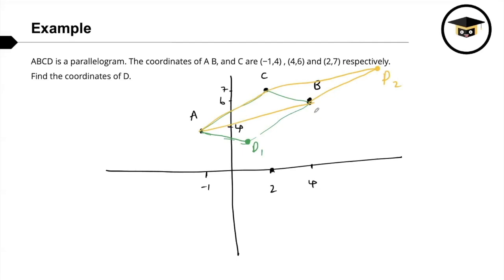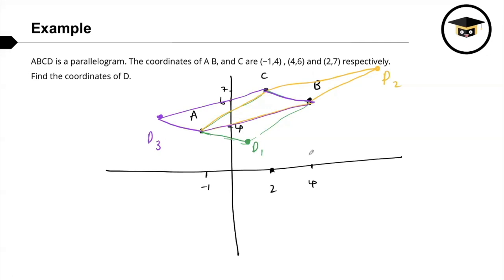And the way we're going to get that is going to be if we have this over here. You can see that because these two sides are going to be parallel, and so are these two sides. So the question is, how do we actually figure out what D1, D2, and D3 are?